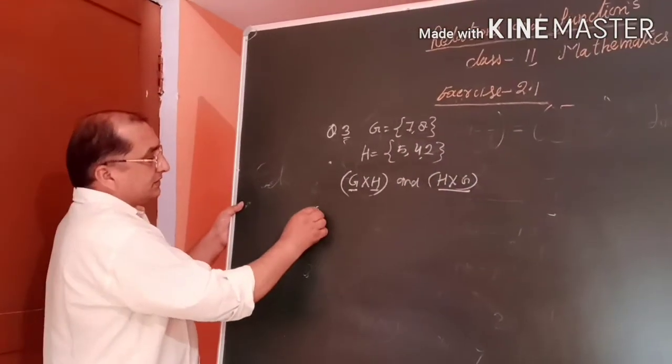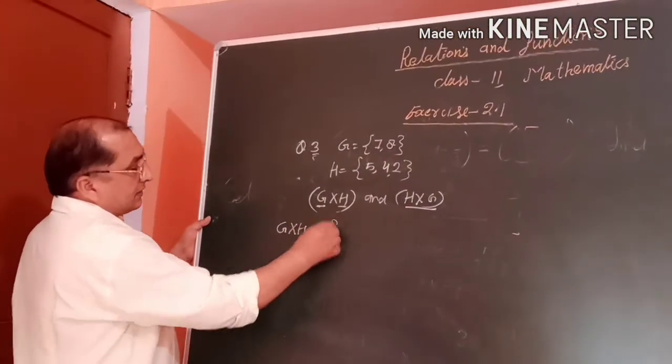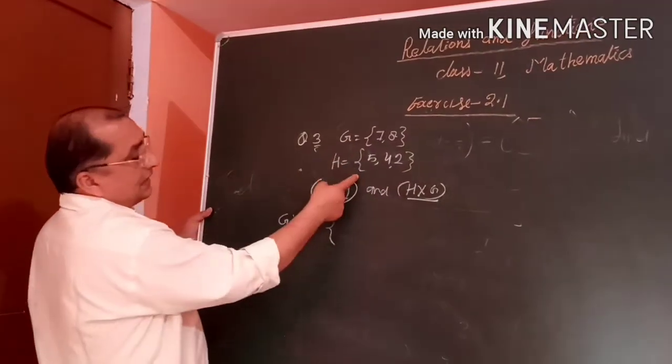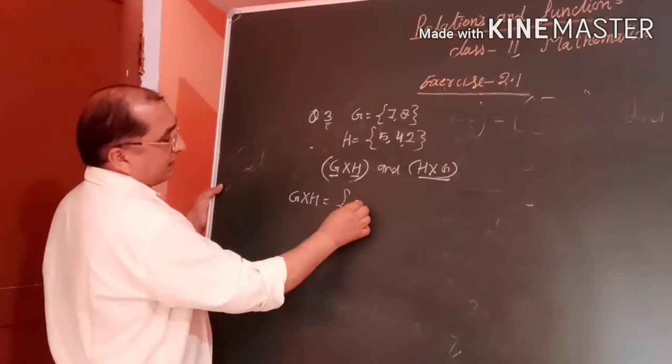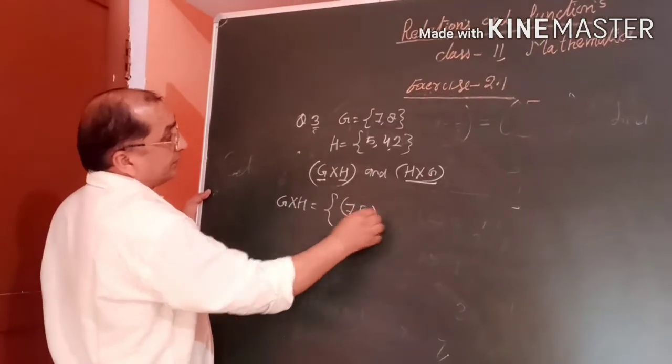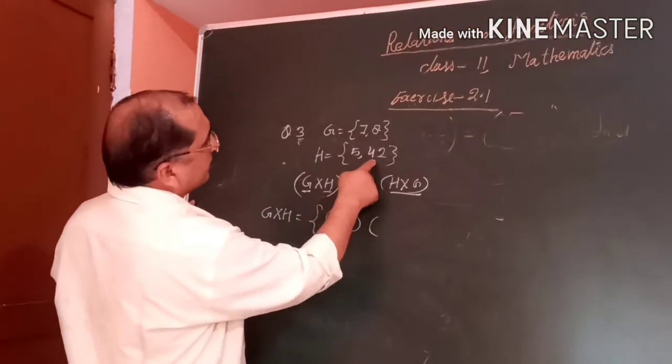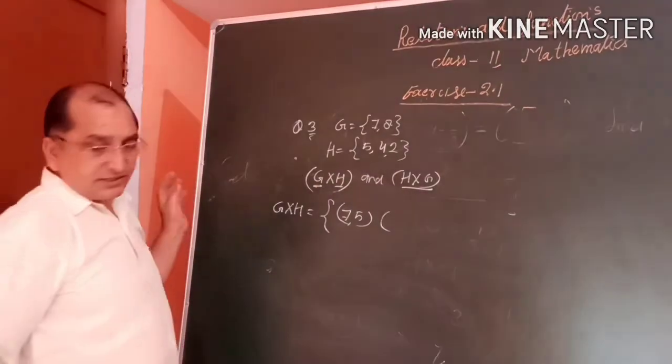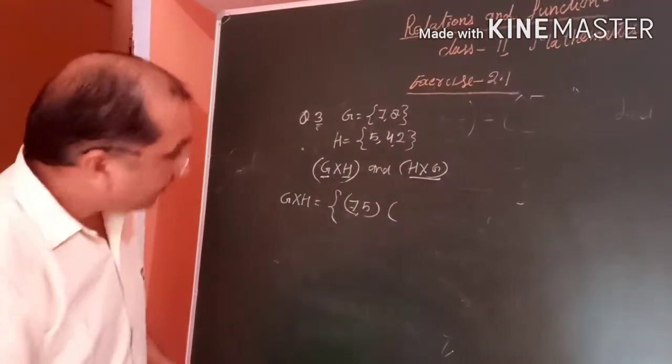Now see, G cross H. G cross H means G and H both are multiplied: 7 with 5, that is 7, 5. Then second, 4. How many elements does H have? H has 5, 4, 2.